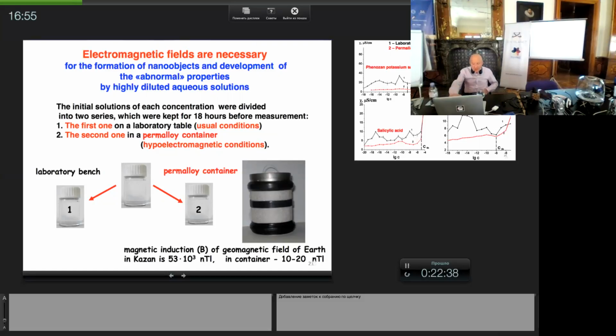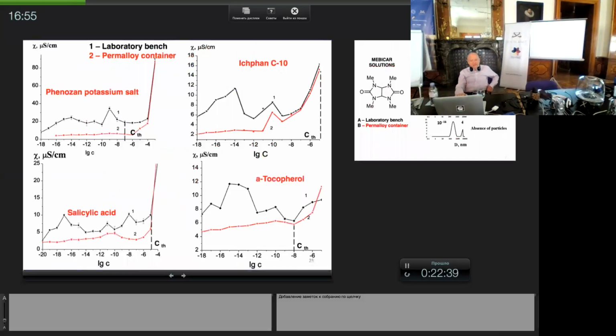And what they found is, if the substance is kept in this permalloy container, there is no effect at all of dilution. So it is the electromagnetic field, the geomagnetic field, that produces the effect of high dilutions. If it's blocked, no effect at all.